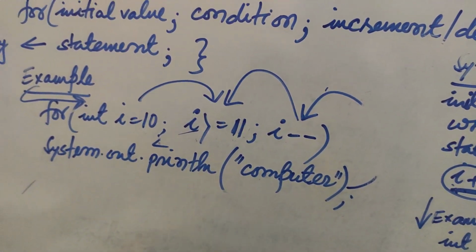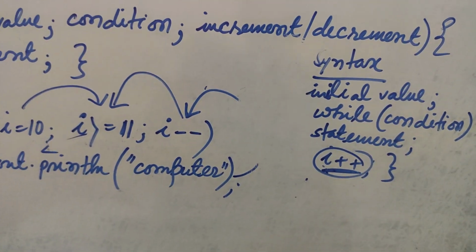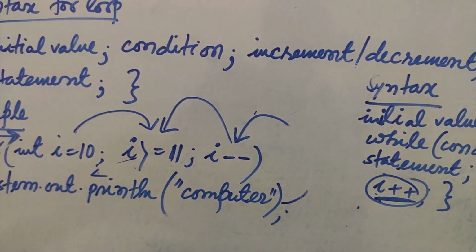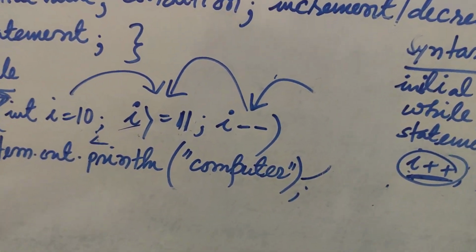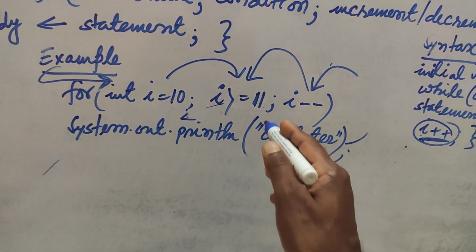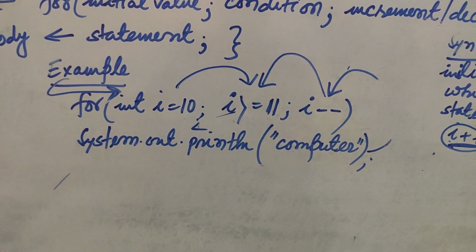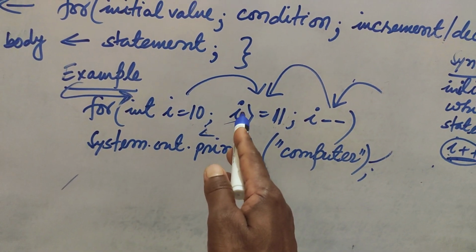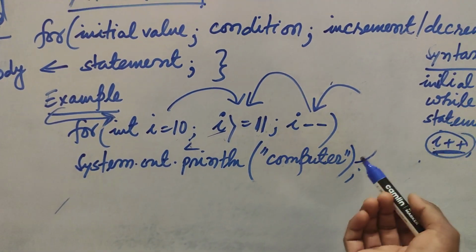That is why it is entry control and exit control. 10 less than equal to 11 is true, but 10 greater than equal to 11 is false. False means computer will not display anything, the body of the loop will not execute.